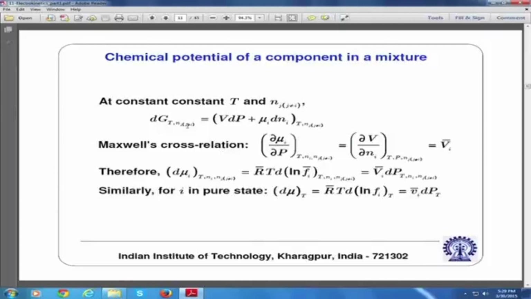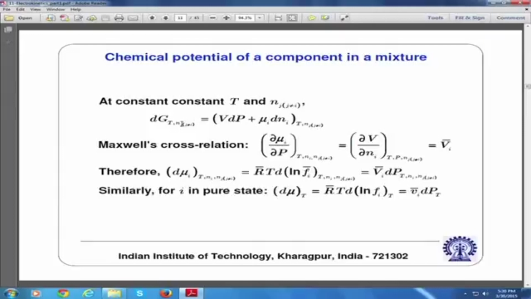The expression that I was deriving on the board was for a special case when in the mixture there are two constituents A and B. Whatever is presented in this slide is for a little more general case where there could be several components, and we considered the ith component and write the chemical potential as mu I. Remember that we wrote dG at T, Nb for the number of moles of the component B; instead of Nb we are writing Nj for any j not equal to I. So it is like B not equal to A.